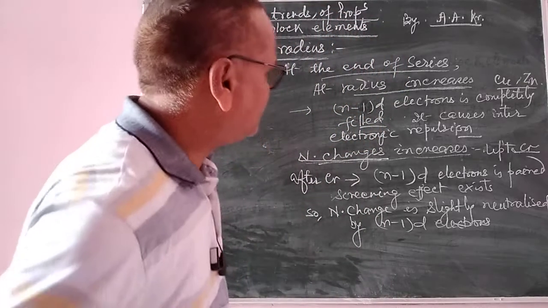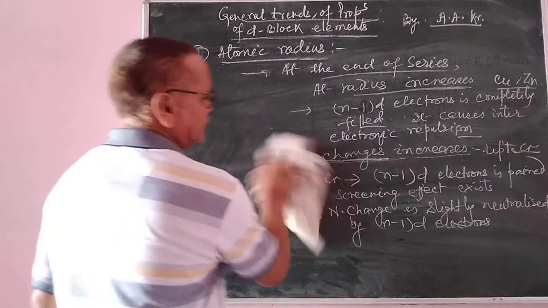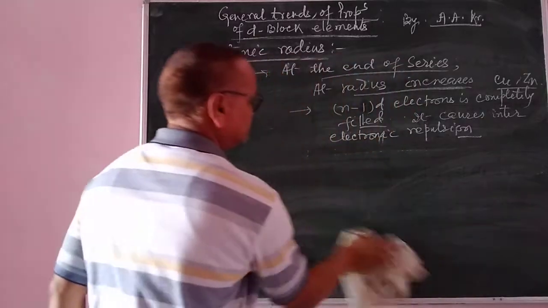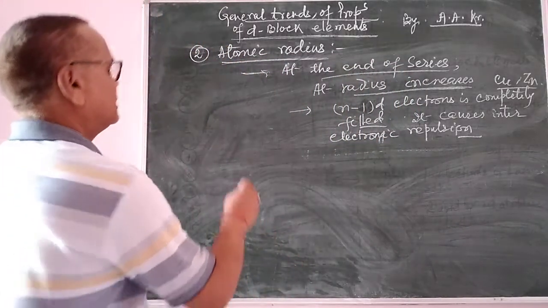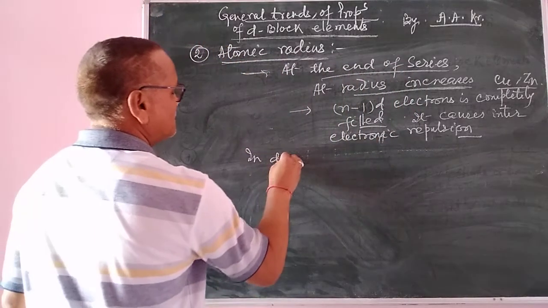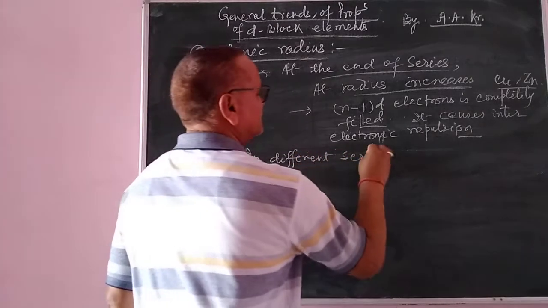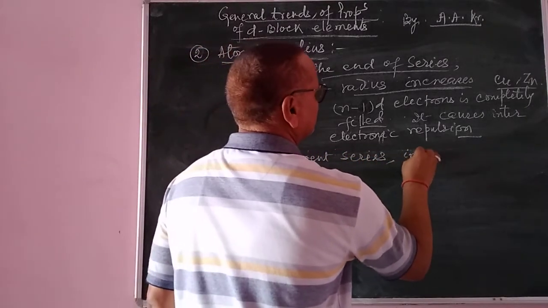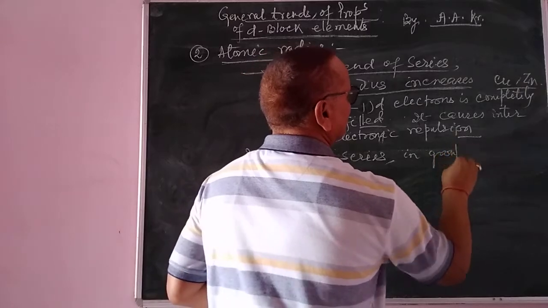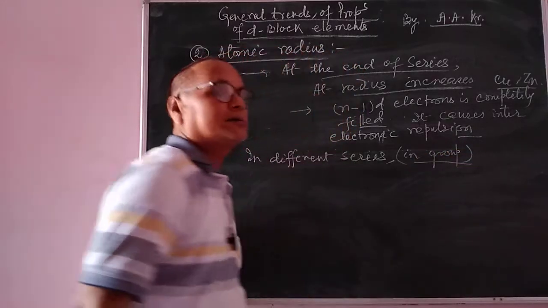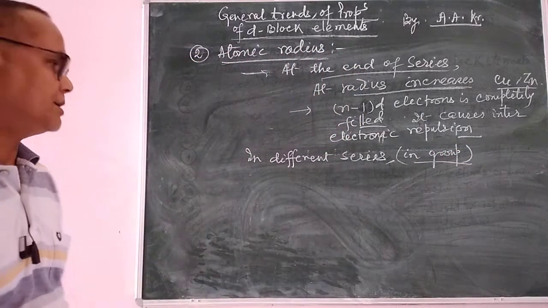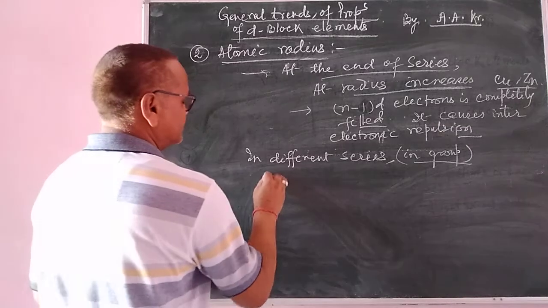Now, in a group, on moving down, what is the change in atomic radius?